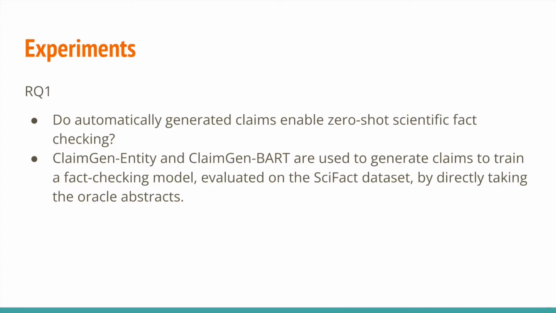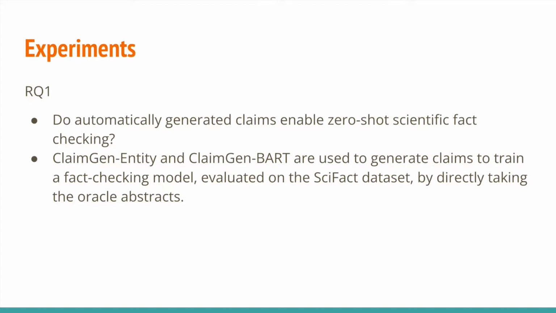So once they obtain both the positive and the negative claims, they start to actually work on the zero-shot scientific fact checking. They raise three questions. The first question is, do automatically generated claims enable zero-shot scientific fact checking?